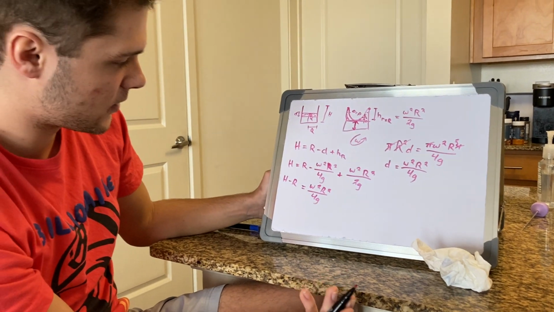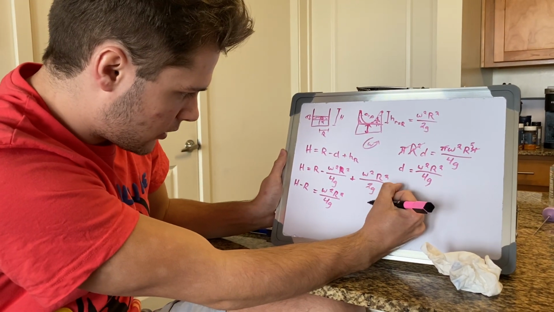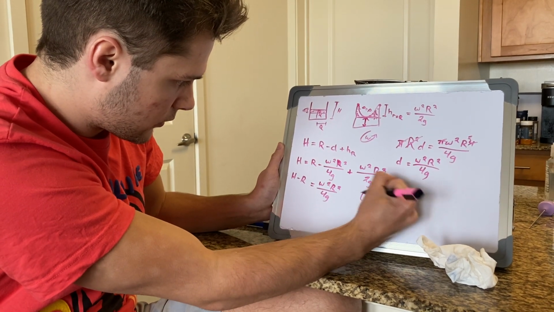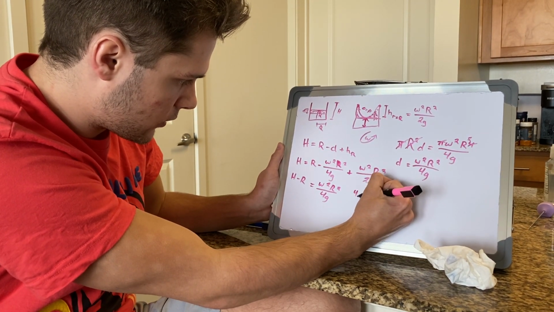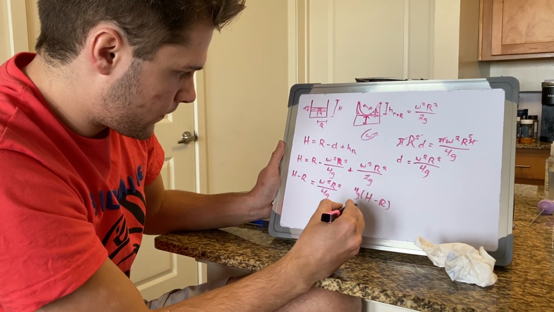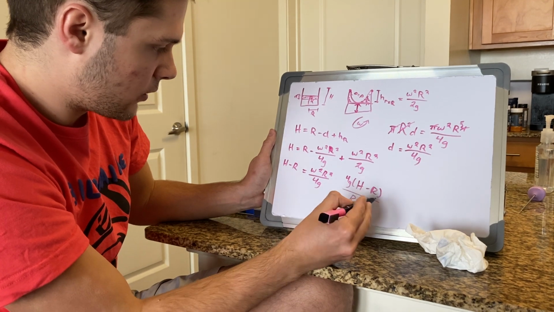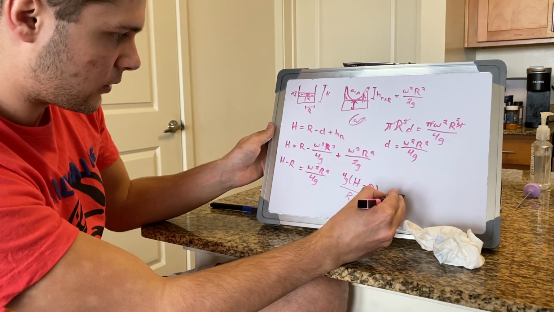There's some simple algebra. We get H minus R times 4g over R squared equals omega squared.